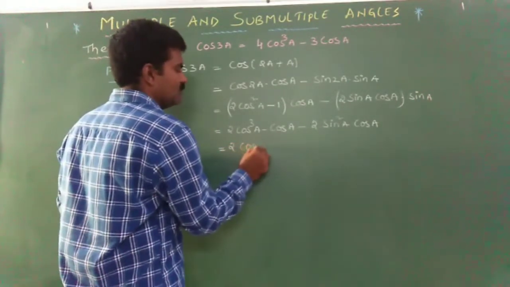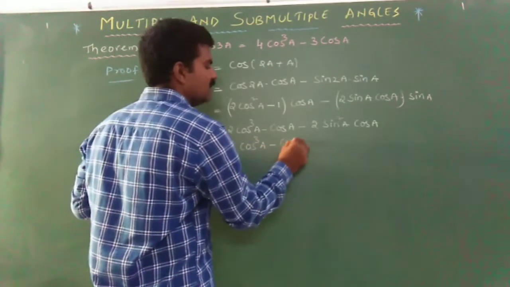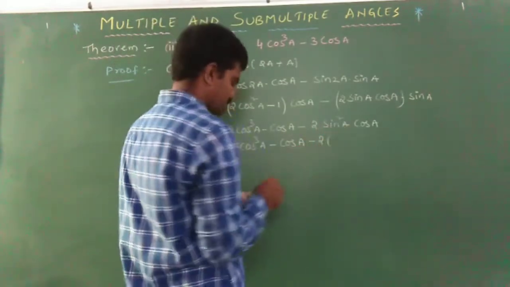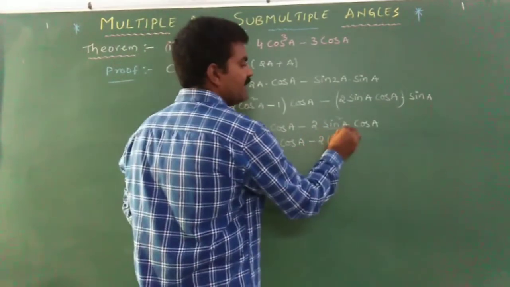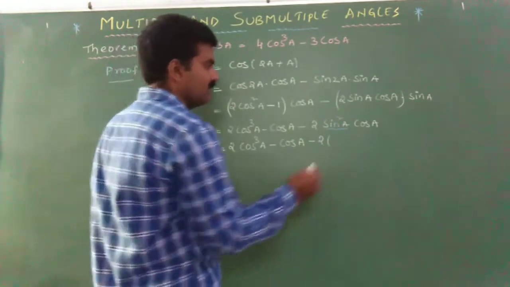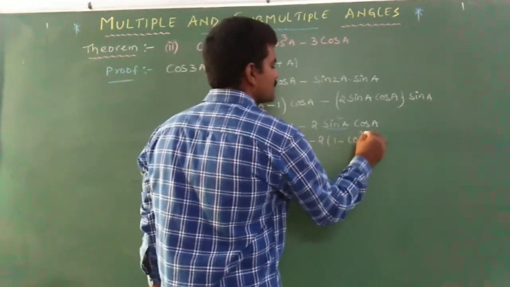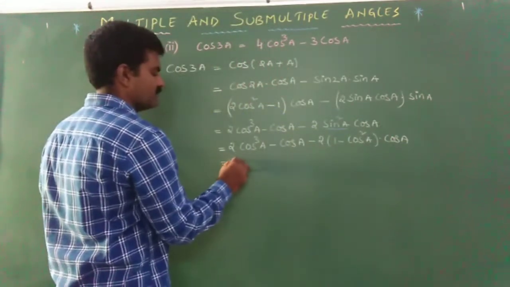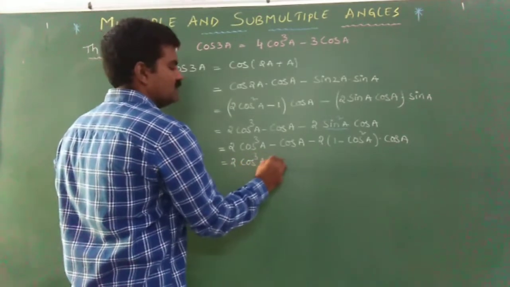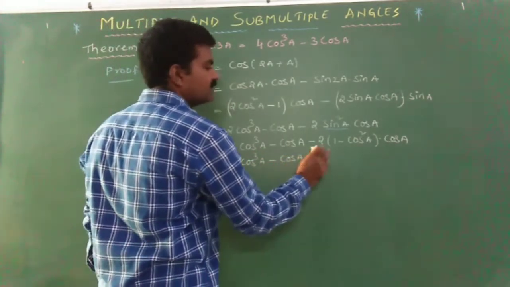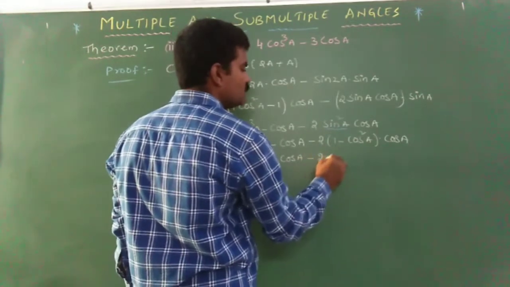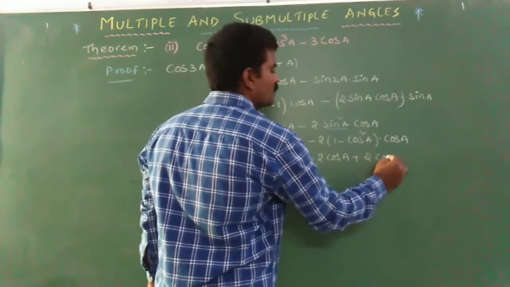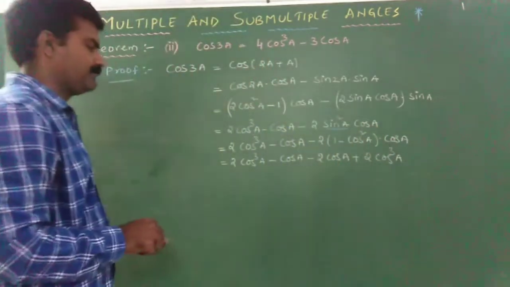So 2 cos cube a minus cos a minus 2 into, this time I want to write sin square a in terms of cos a, that is 1 minus cos square a into cos a. So these first two terms are as this one. And if you multiply this, minus 2 into cos a, minus into minus plus 2 cos cube a, right?